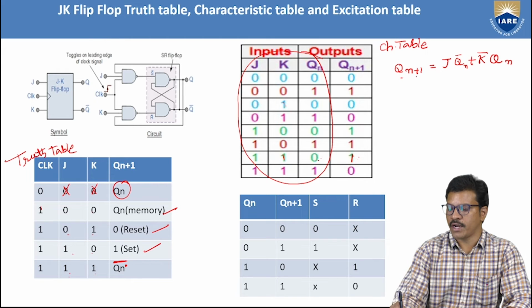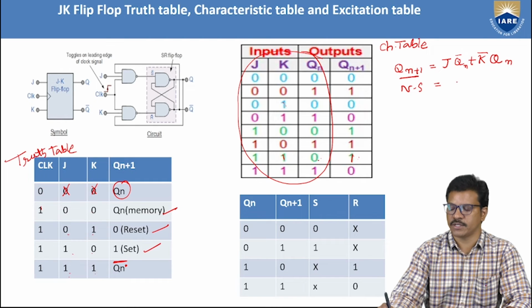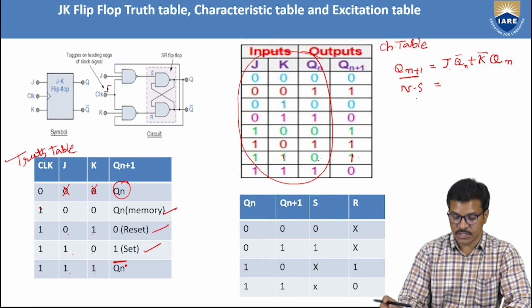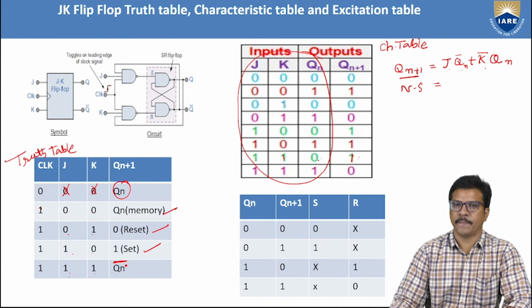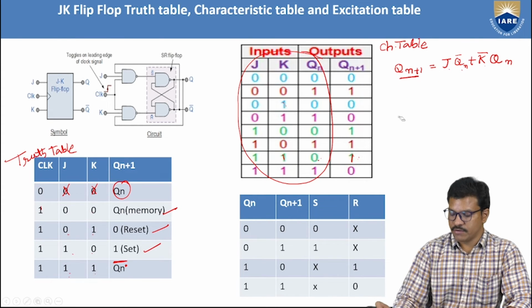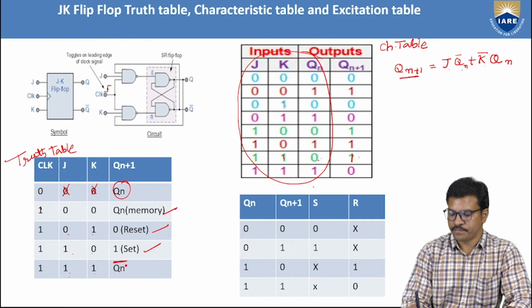So this is the next state equation in terms of present inputs and present state. J, K and Qn are the present inputs and present state. So this is a sequential circuit, because the present output depends on the present input and the present state. Next we will see the excitation table.